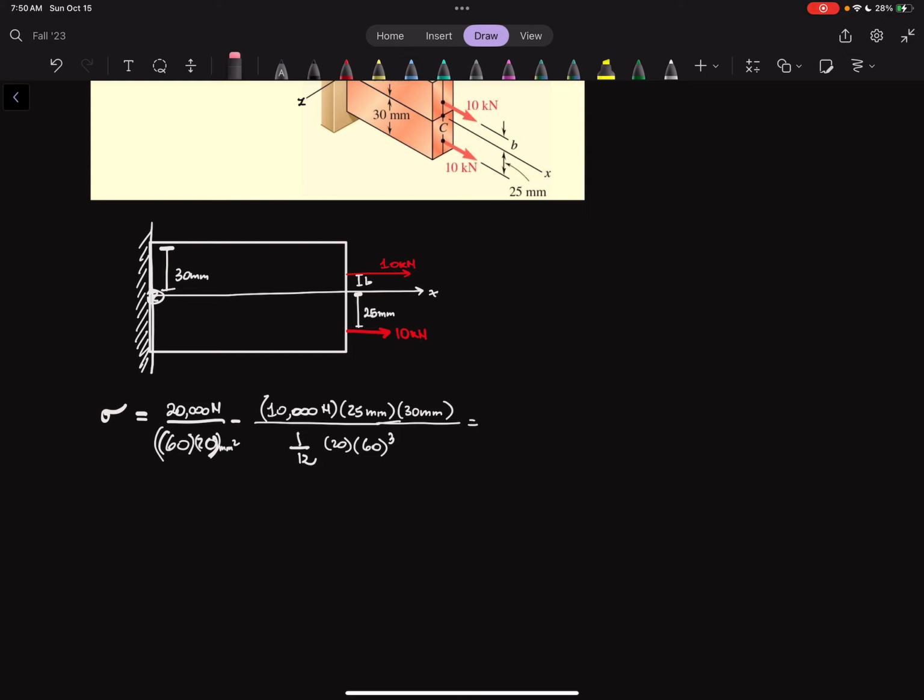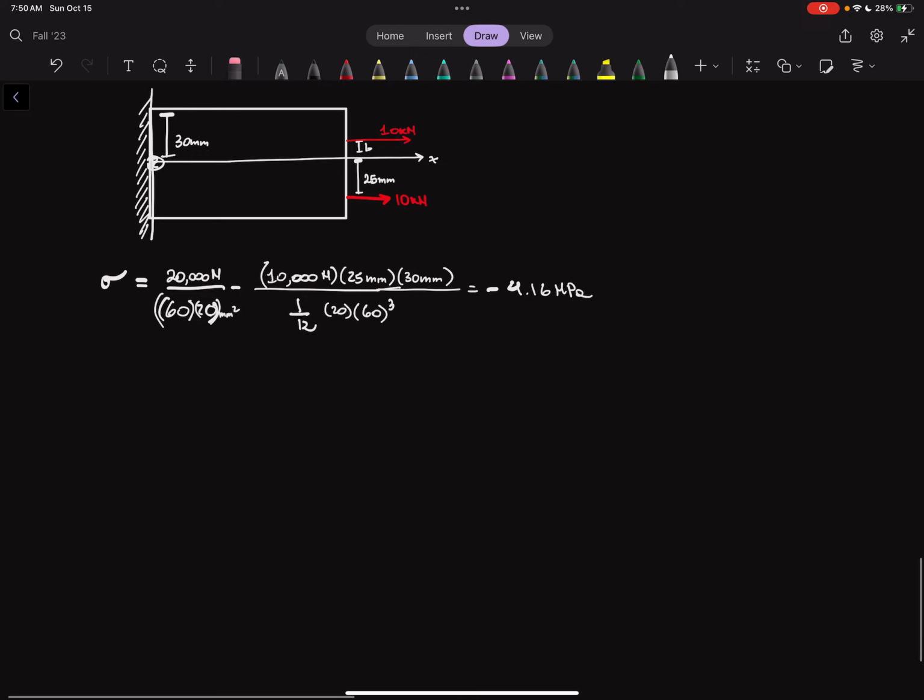And if I did, we should get minus 4.16 megapascals. This is for when B is equal to 0.